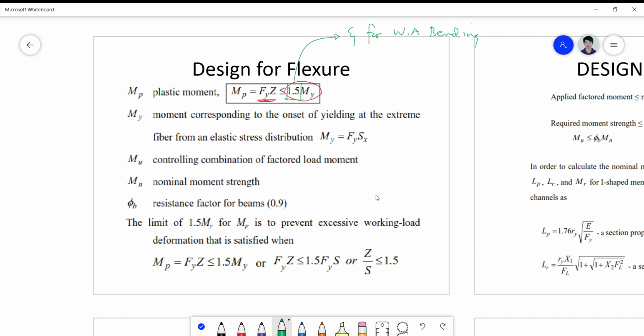Of course, My is equal to Fy Sx. M is the controlling combination for the factored load moment. Mn is the nominal moment strength. Phi b is the reduction factor for beams, which is 0.90. And as I told you, the 1.5 here simply refers to the ratio of Z over S, which is your shape factor.